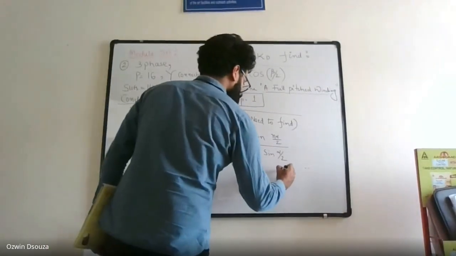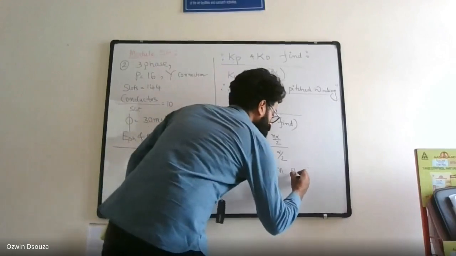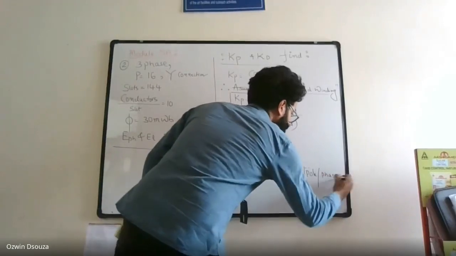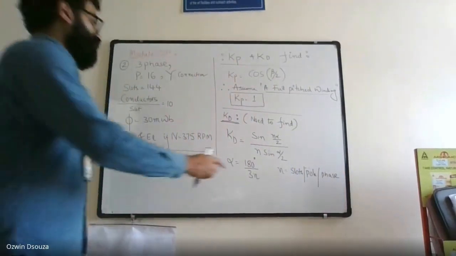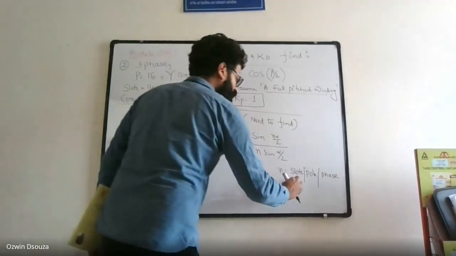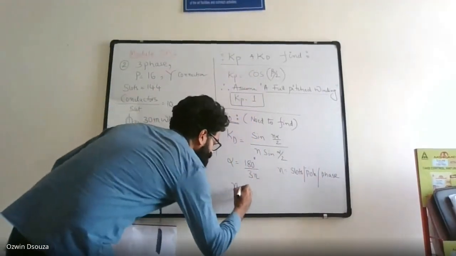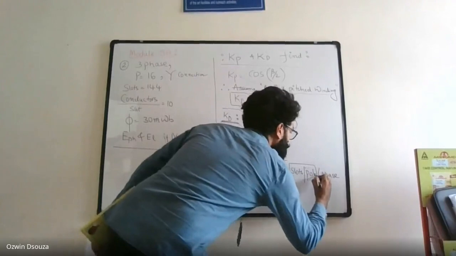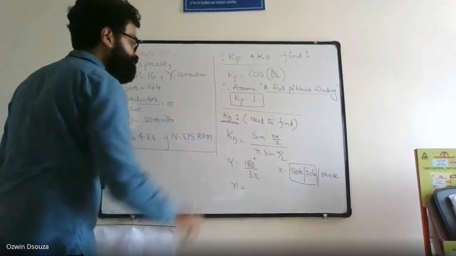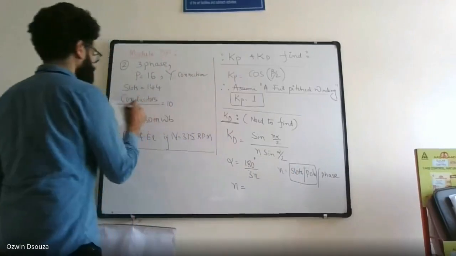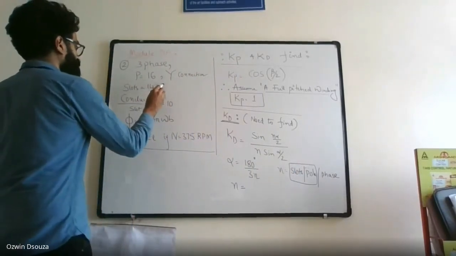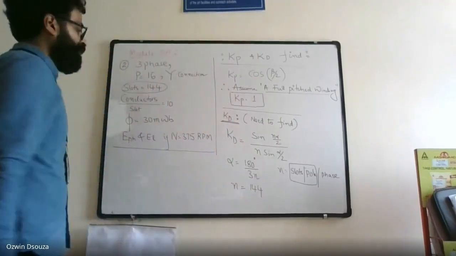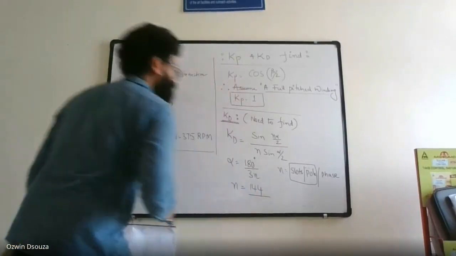And n is equal to slots per pole per phase. Now, n is equal to slots per pole per phase. So you can first find out the n value. Do we have any information about slots per pole? Yes, you have the number of slots. So write down: slots are 144 in number, divided by the number of poles.